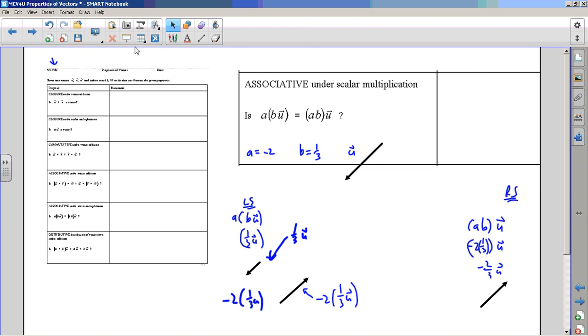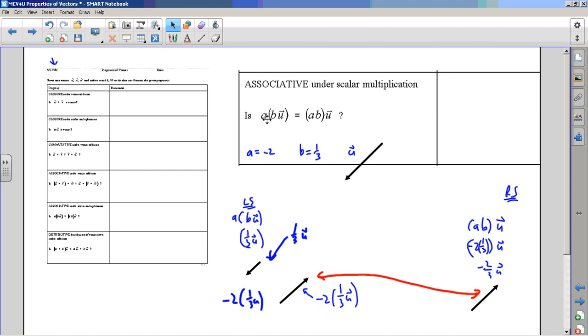The question is, are these two vectors equal? And it's easy for me to do on the smartboard, but they are, right? They're exactly the same vector. So that means I've illustrated this geometrically. Why did I pick these values? For funsies. I just picked them for funsies. And you do a similar thing with these other ones to convince yourself that these properties are true.